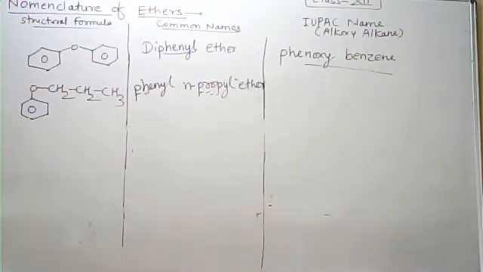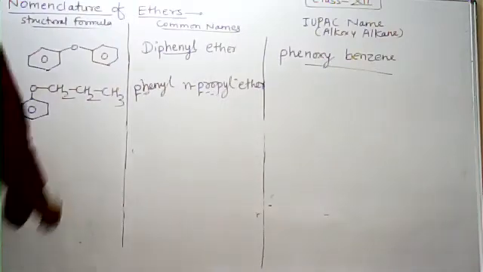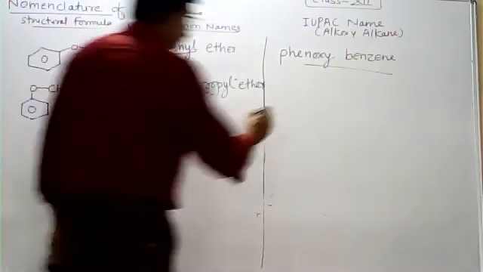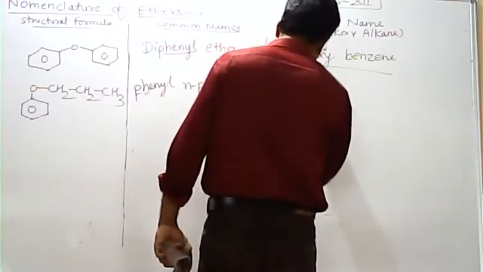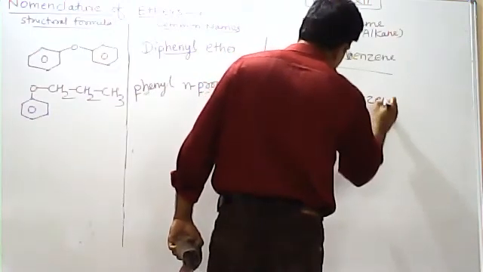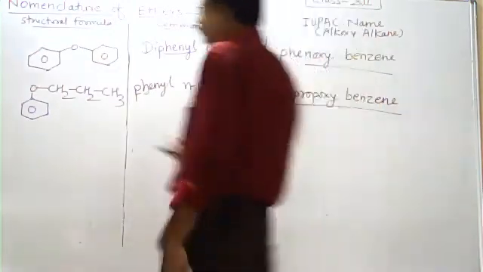Which is the alkoxy part? Propyl. So tell me the name. Propoxybenzene. Yes, correct. So its name is now 1-propoxybenzene.